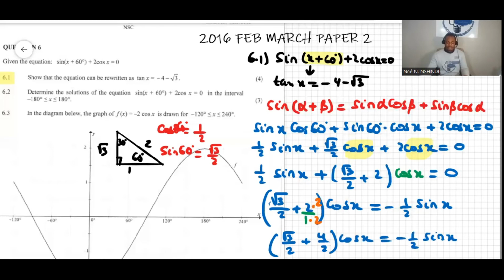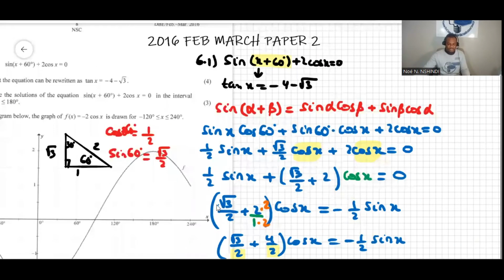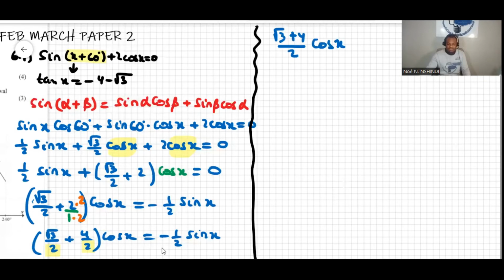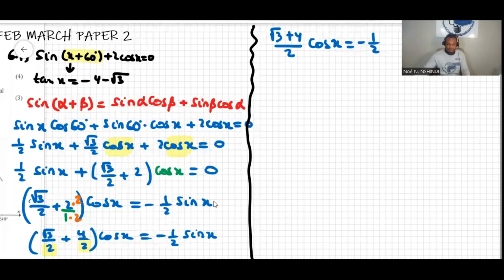Since the denominators are the same, we can just combine the numerators. This will be (√3 + 4) all over 2, times cos x, equal to negative 1/2 sin x. Now I can move.